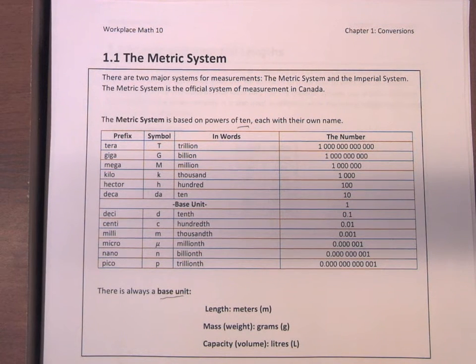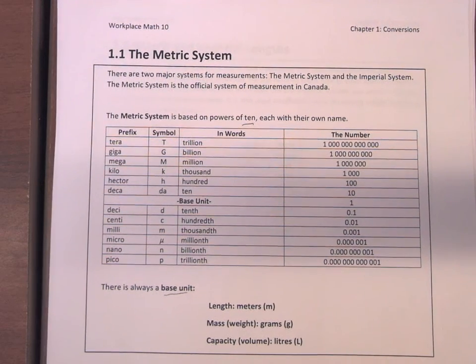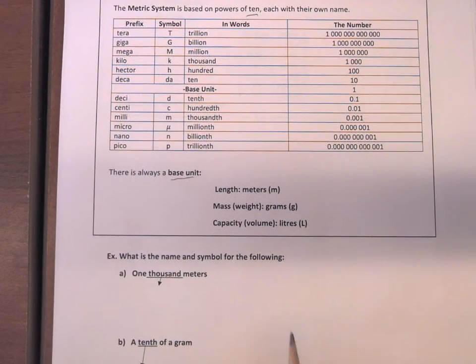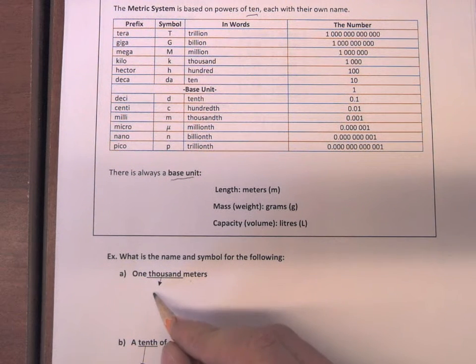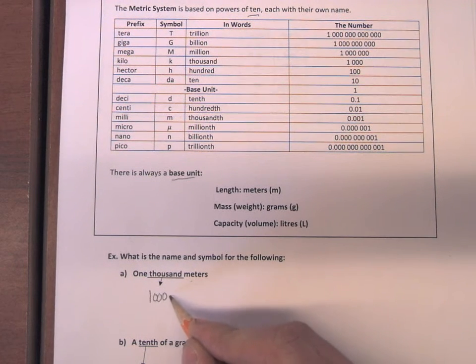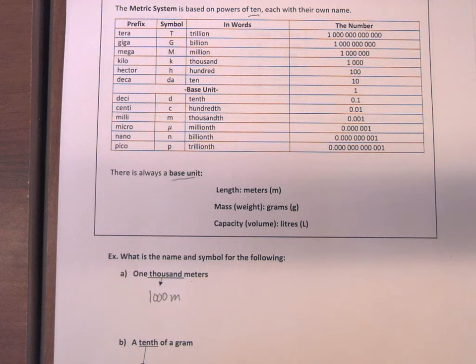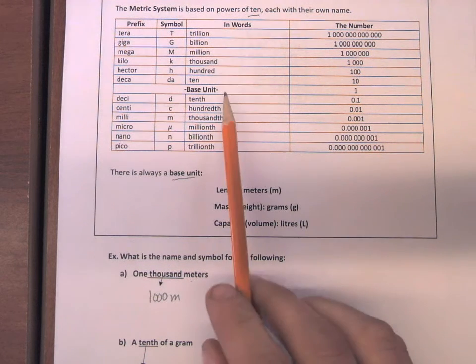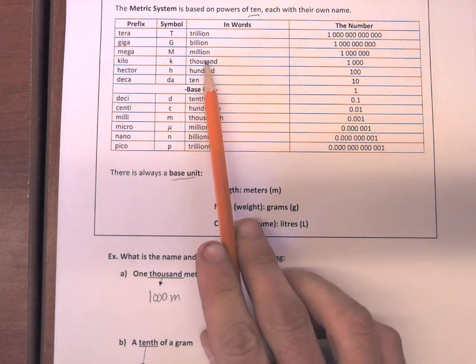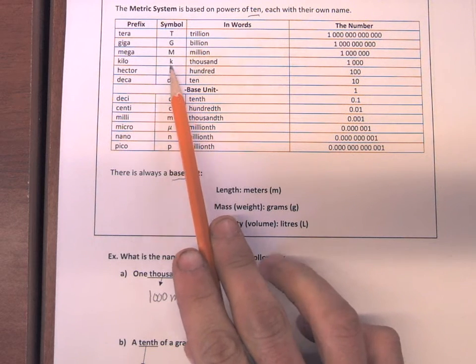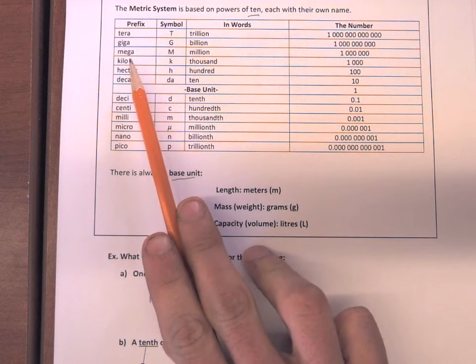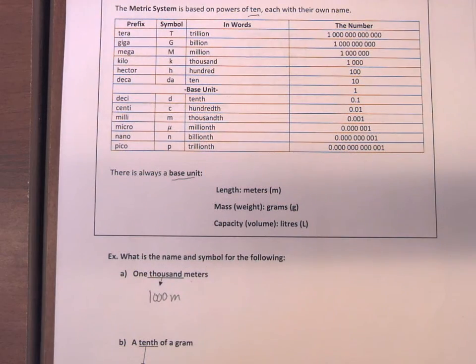So how do we determine how to use this? So the base unit always starts at 1. If we have something like 1,000 meters, we could write it as 1,000 meters. Or we can look at our chart and find out where 1,000 is, and we can see that the prefix is kilo.